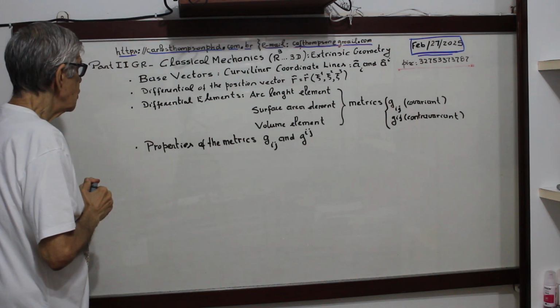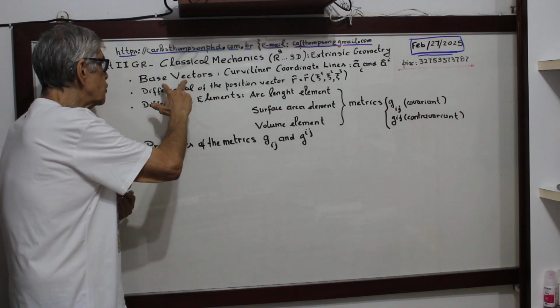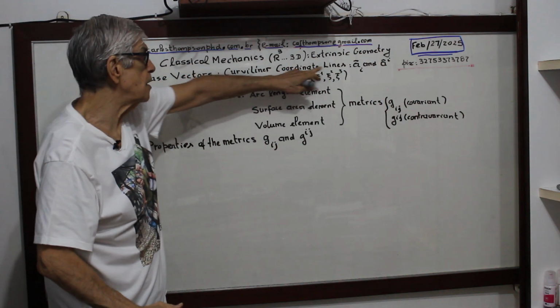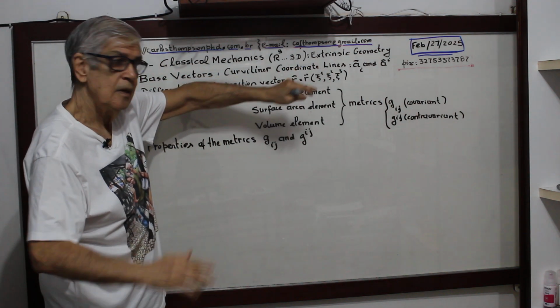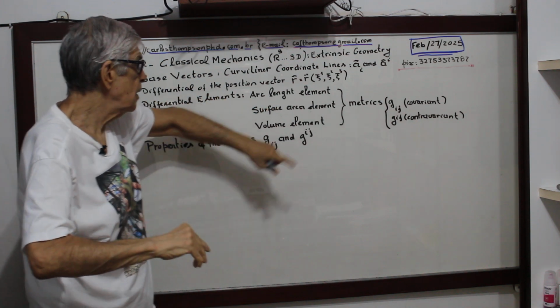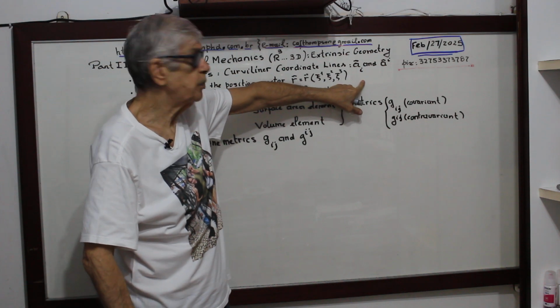Okay, we are going to talk about the definition of base vectors in curvilinear coordinate lines. General coordinate lines. You define the base vectors.